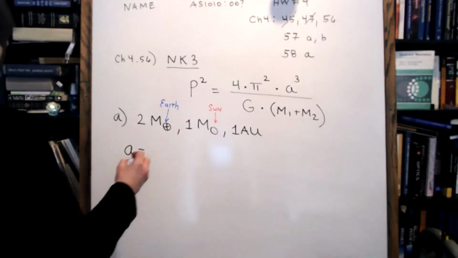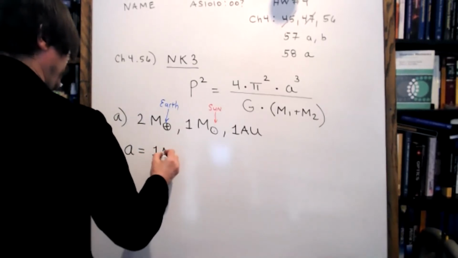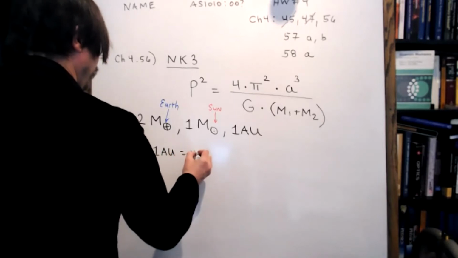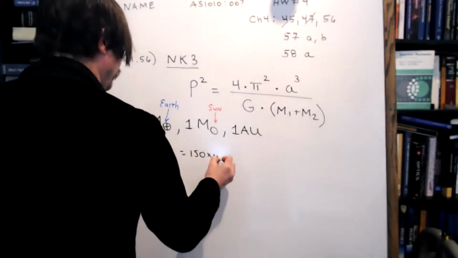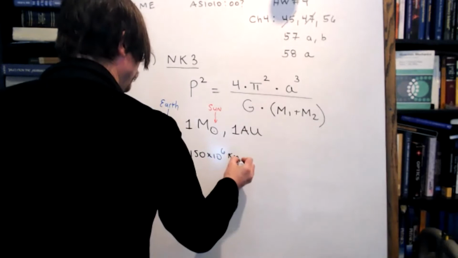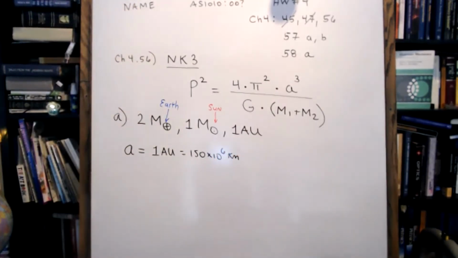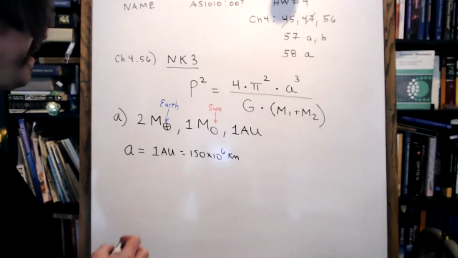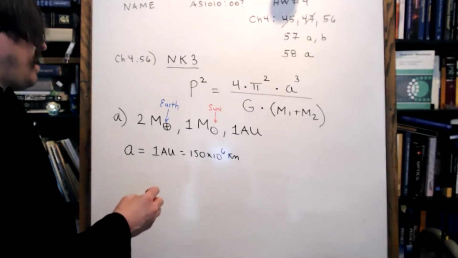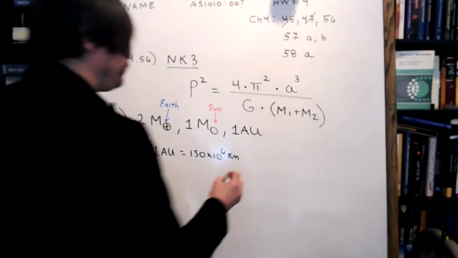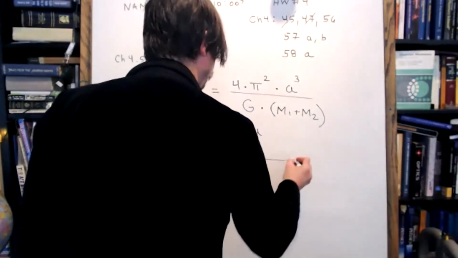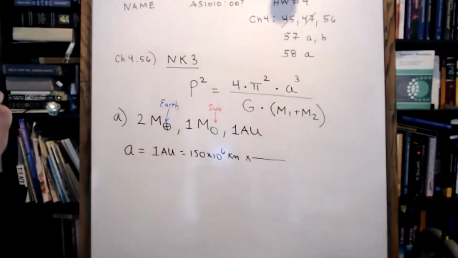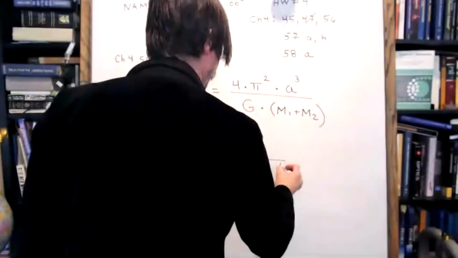Okay, so the distance they gave us was 1 AU. And you know that 1 AU is 150 million kilometers. Ian, what do we do to get that into meters? We would do the conversion equation. Okay, so a division bar? Yep. And then you would put kilometers on the bottom and meters on top. Yep.